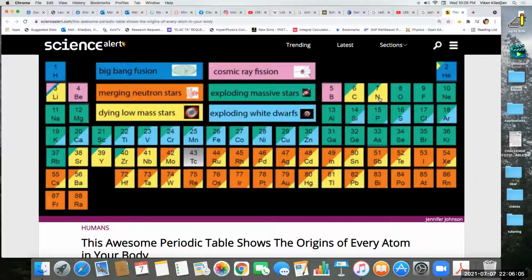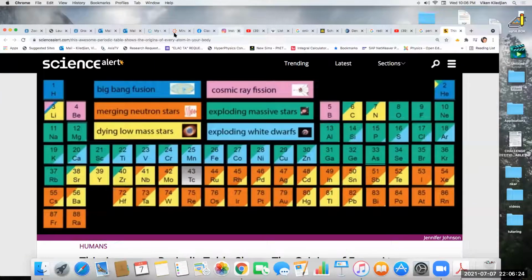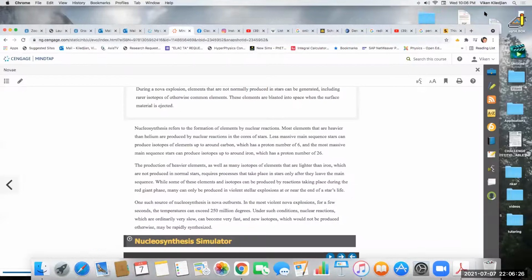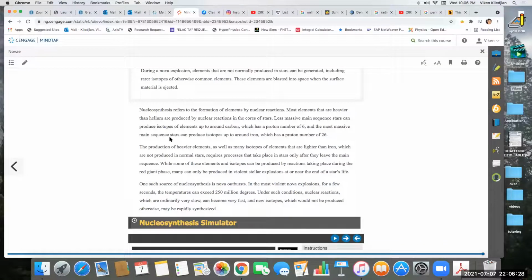You see? And then the other elements, we owe to massive stars for that. We owe our lives to both the low mass stars and the massive stars. And the most massive main sequence stars can produce isotopes up to iron, which has a proton number of 26.